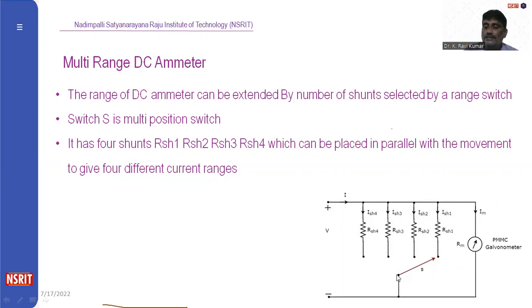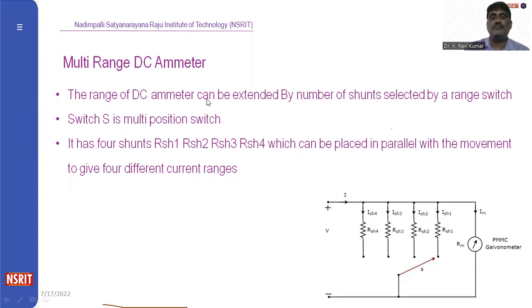If you increase it again, you can connect this switch to this point. It will give some range of current. If you connect this switch to this one, it will give one more range. That's why it is called a multi-range DC ammeter.